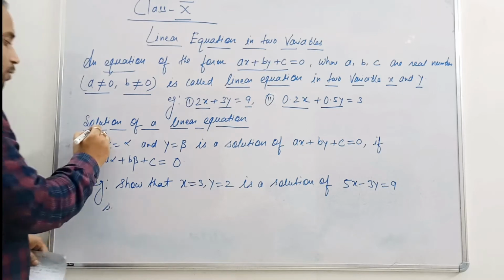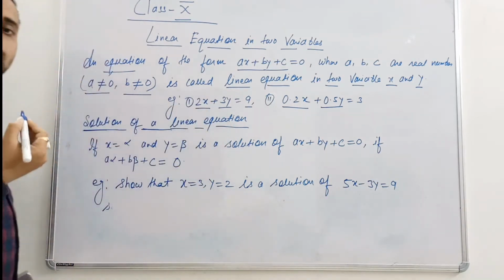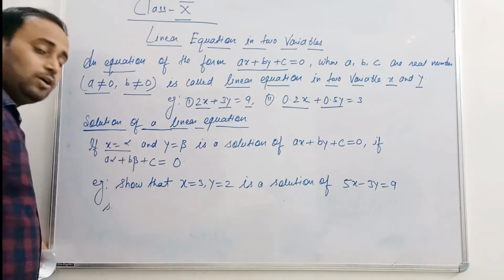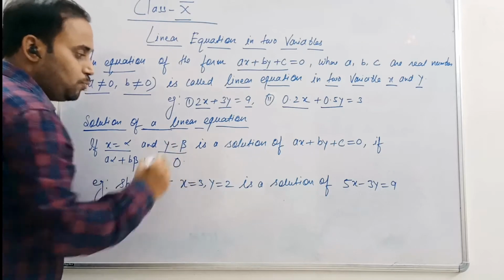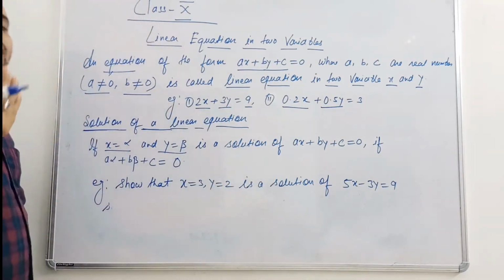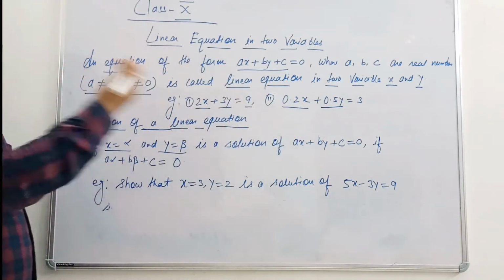Now next we talk about the solution of a linear equation. How do we find the solution of any linear equation? Suppose we assume x equals alpha and y equals beta. Solution means what? Those values which satisfy the equation.